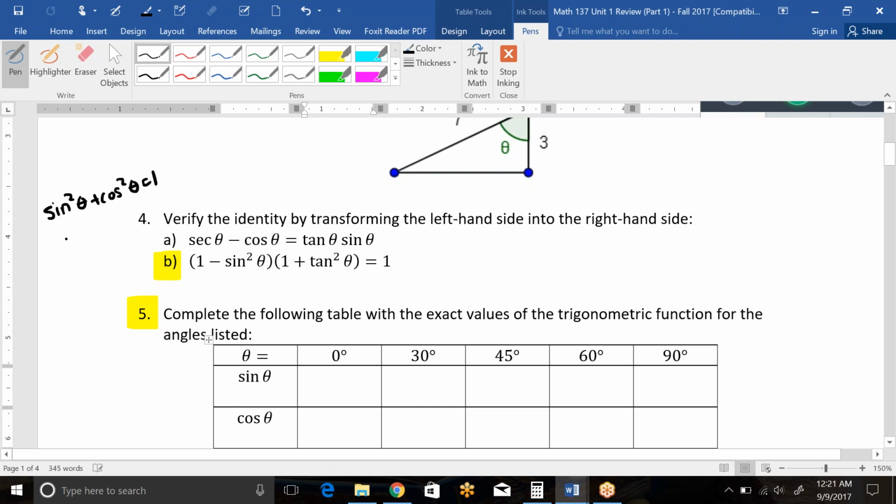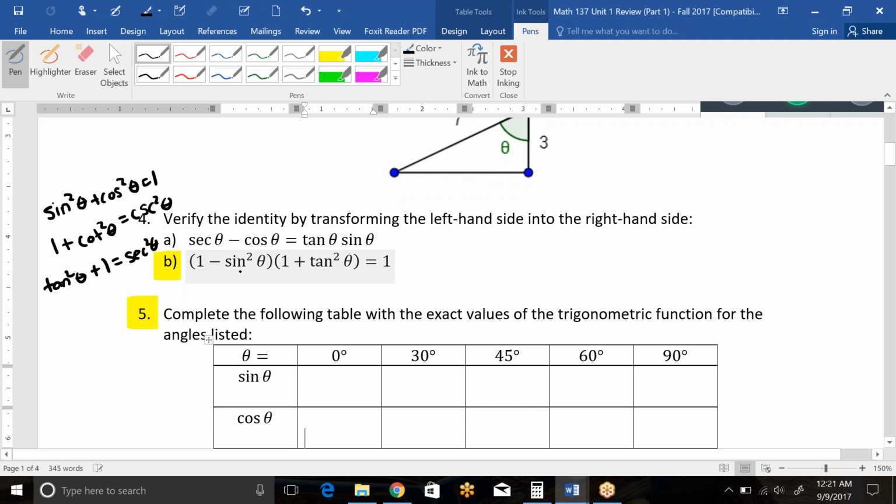We also know if we divide all of those by sine, that gives me 1 plus cotangent squared theta equals cosecant squared theta. If we divide them all by cosine, that would give me tangent squared theta plus 1 equals secant squared theta.